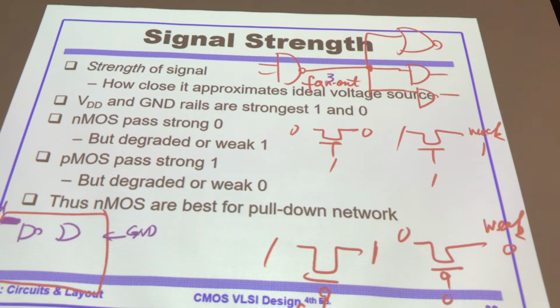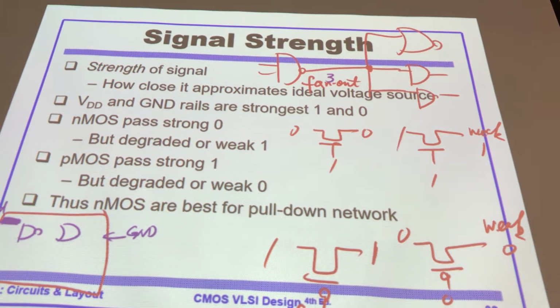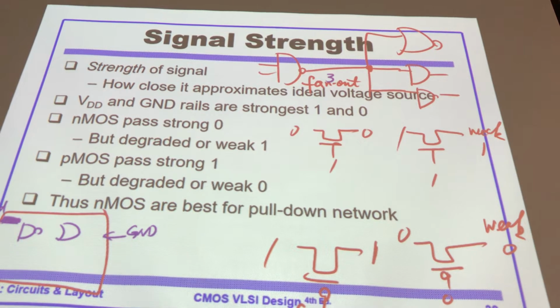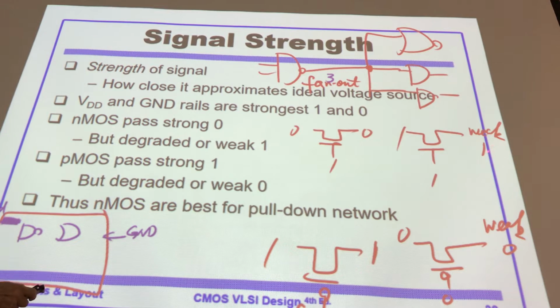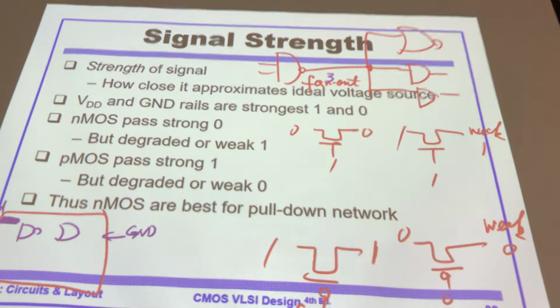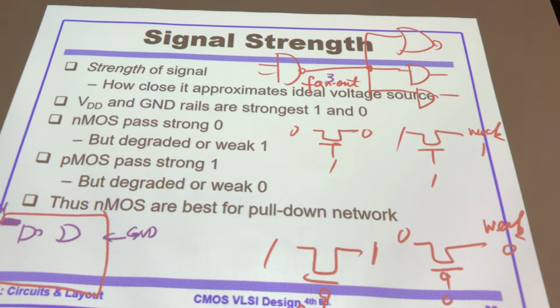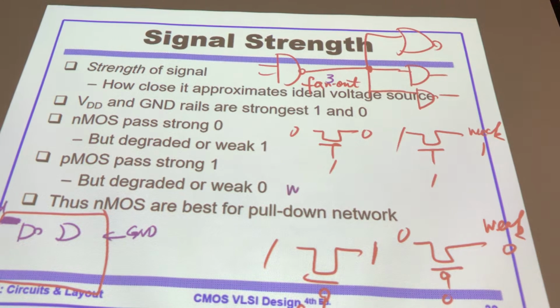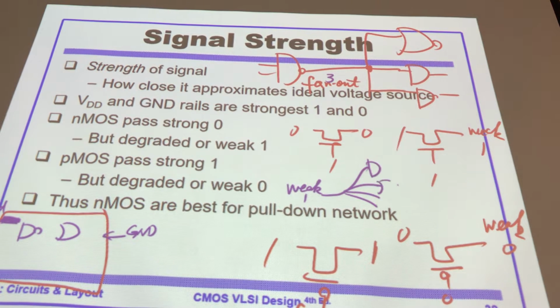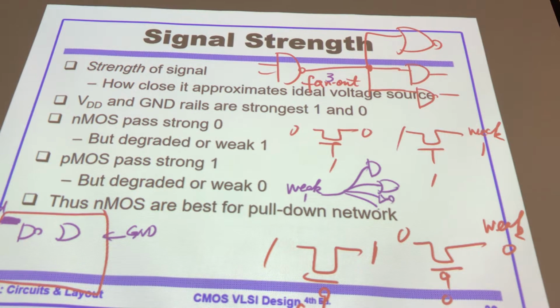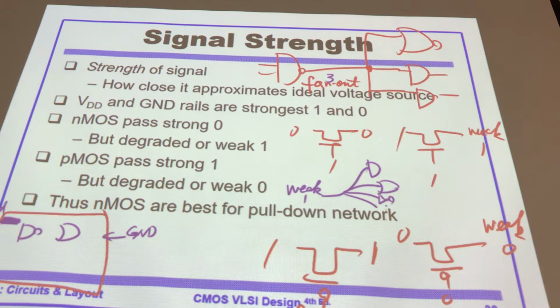You are not getting signal 1, the real 1, because the loading too high. When signal 1 is weak, you might use it to drive the mini fan out, for example, something like that.